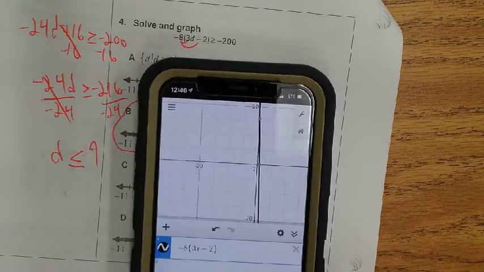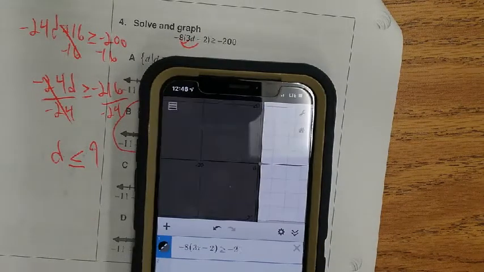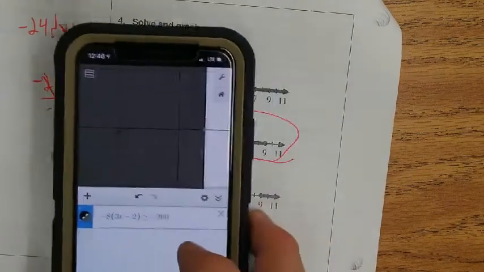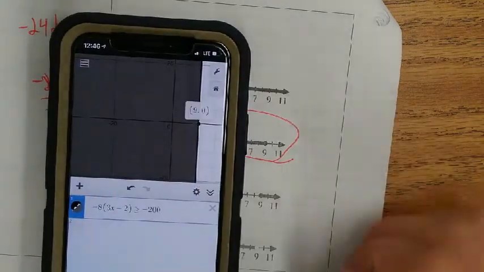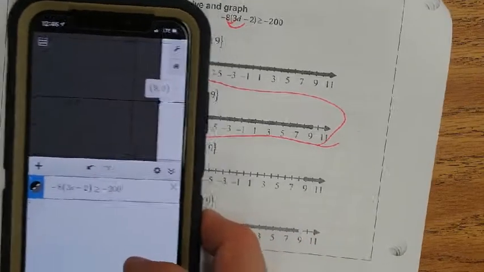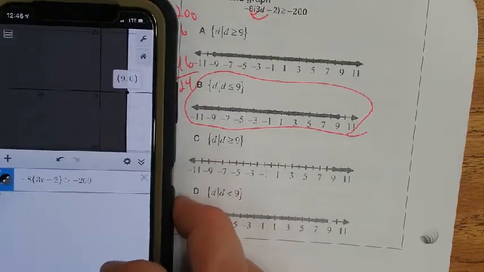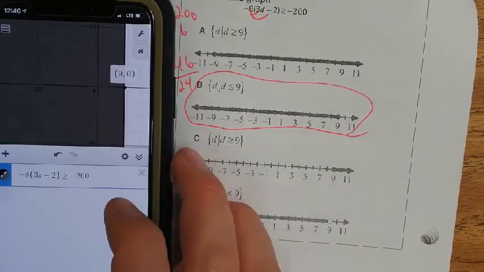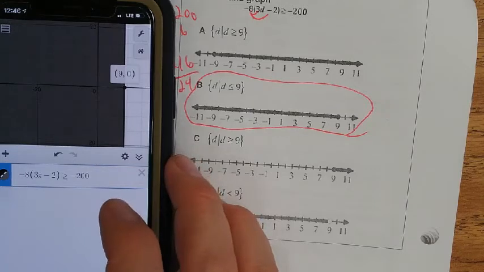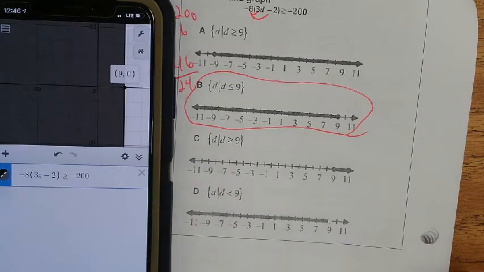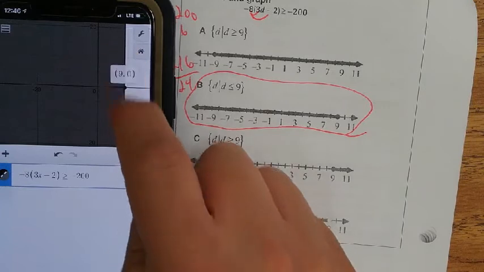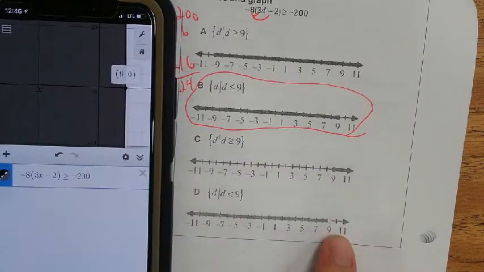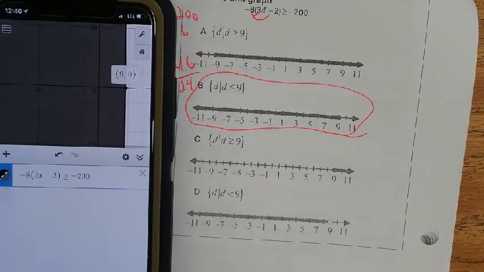And then it's greater than or equal to negative 200. Whenever you do that, you press this button. You get 9, and it's shading to the left. So you know it's that one. Any questions about that? If this was a dotted line, then it would have been D. But since it's a solid line, it is B.